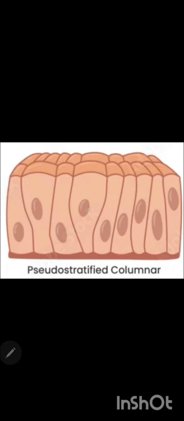So this false appearance of multiple layers is why it is called pseudostratified columnar epithelium. It is composed of one layer of cells but looks multilayered due to the different cellular heights and different nuclear positions.